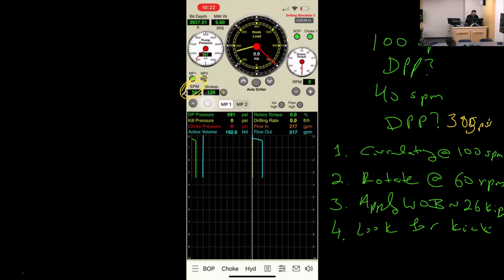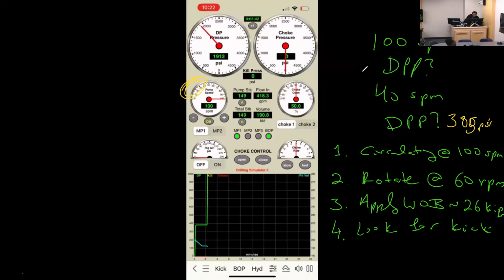Now I'm raising that to 100. And I think it's going to go to almost 2000. Speeding it up. 1940 PSI.